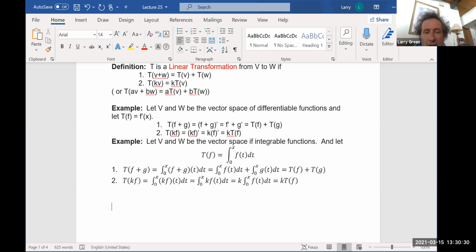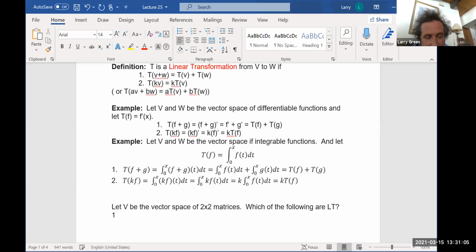Okay. Let's go into a different vector space. Let V be the vector space of, how about 2 by 2 matrices? And I'm going to say which of the following are linear transformations.